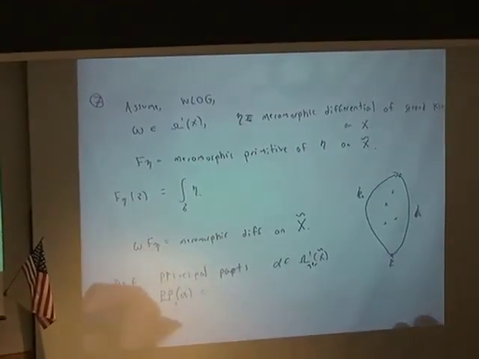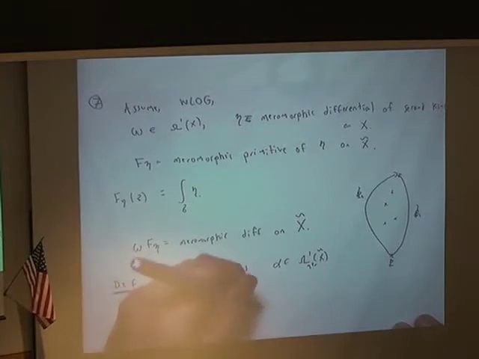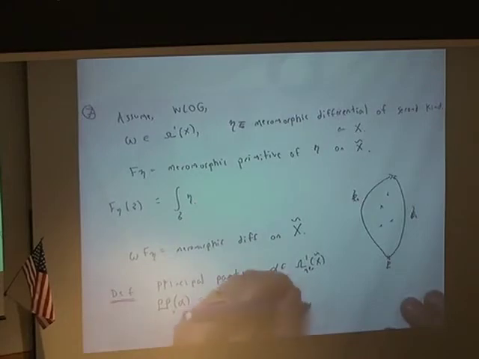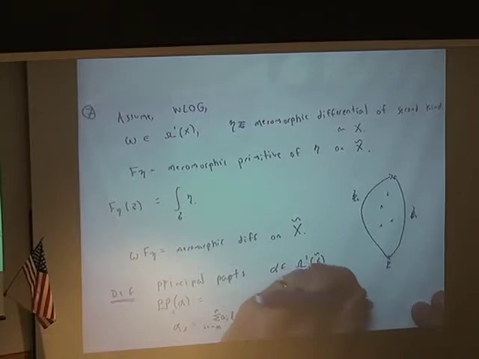So if you write alpha at x as a sum from minus m to infinity of a_j t_x to the j, with t_x a uniformizing element, times d t_x, then the principal part of alpha at x is simply the tail: the sum for j going from minus m to minus 1 of the same thing, a_j t_x to the j.